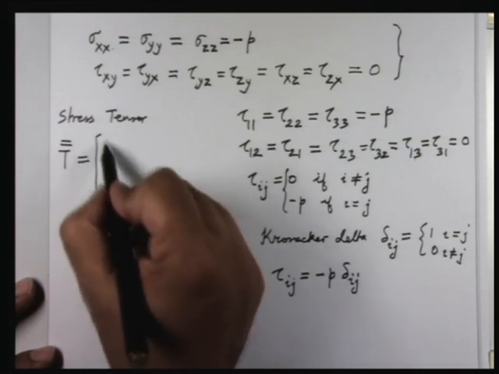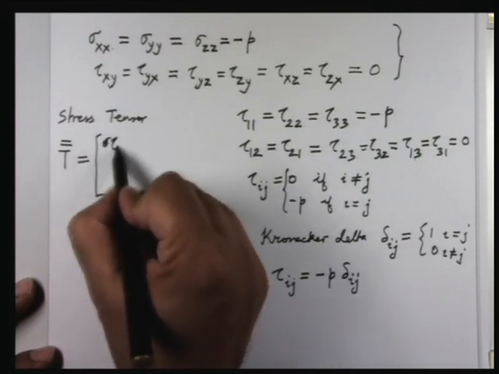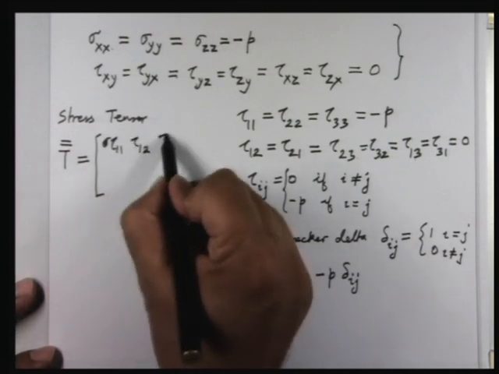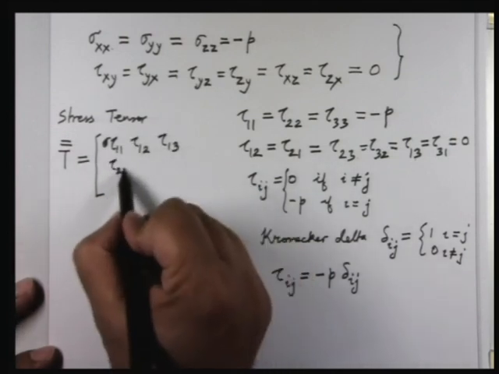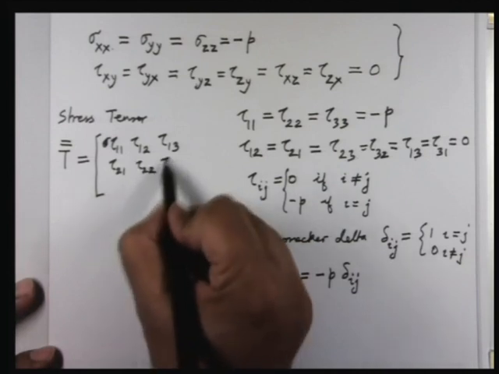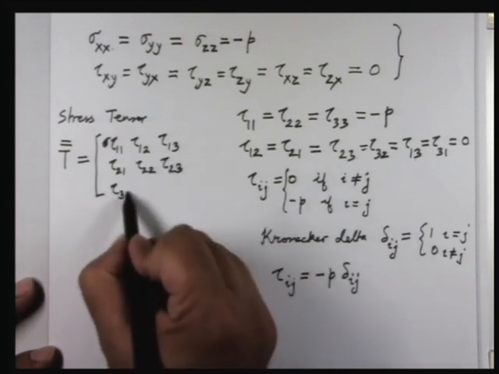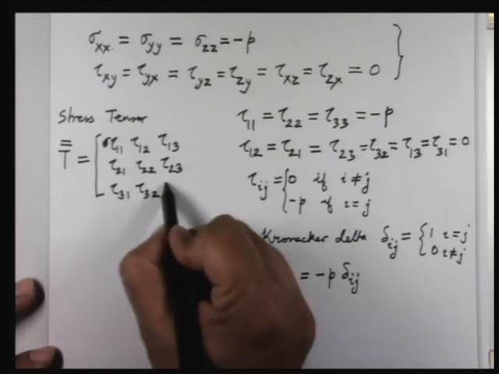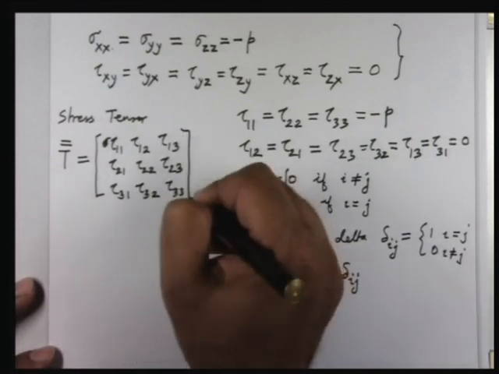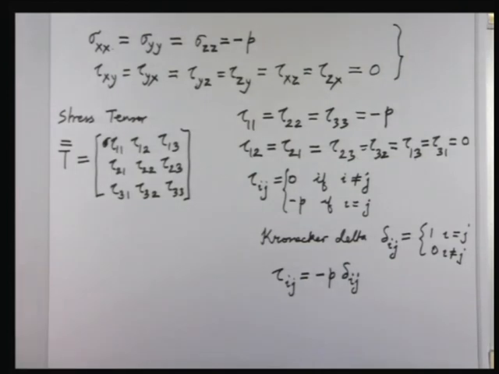So we can write it in this notation as tau 11, tau 12, tau 13, tau 21, tau 22, tau 23, tau 31, tau 32, tau 33. So there are 9 components, 3 squared. Because a tensor of rank r has 3 to the power r entities. If you look at a scalar, r is 0, so 3 to the power 0 is 1.